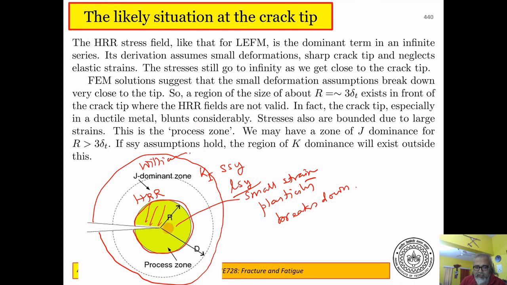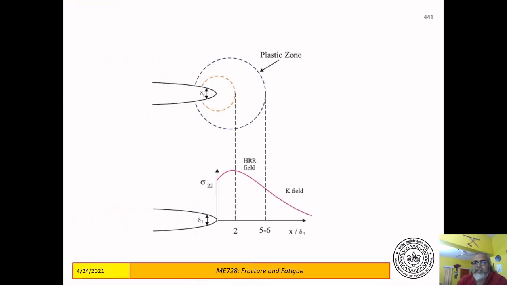This is a region which we have not analyzed, but we have seen that if we don't take this into account, then the displacements at the crack tip go to zero. The stresses still go to infinity, but if we take the large deformation in this yellow region into account, then the stress fields look somewhat like this.